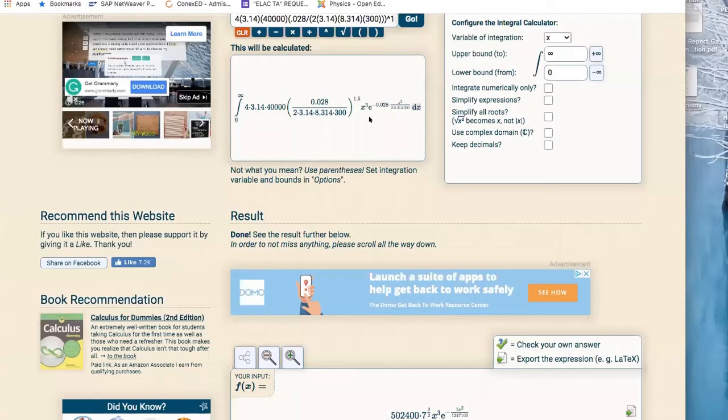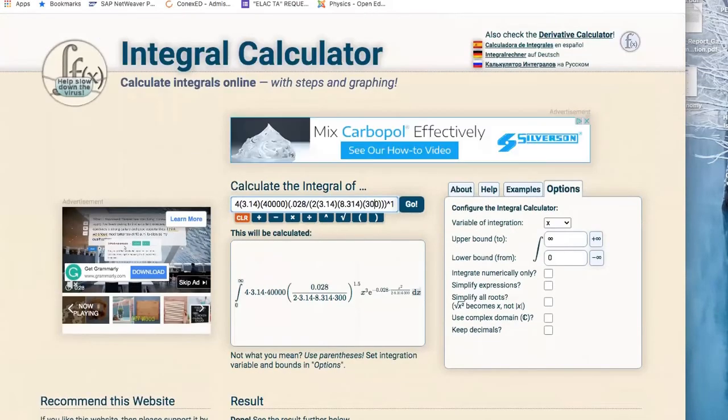It was a Boltzmann distribution, right? So now you're doing times an x squared. Okay, so now you're gonna do an x to the 4th. That's why it's good to have the integral here, and now you just change it to x to the 4th. Then go.